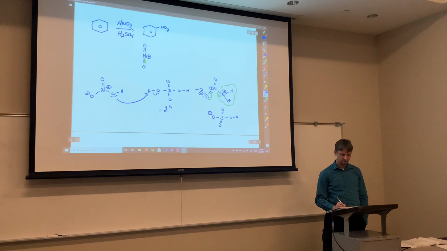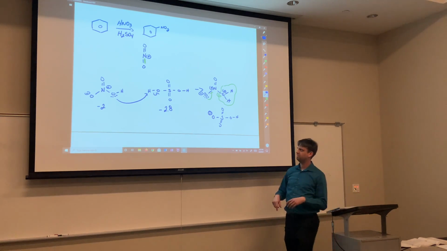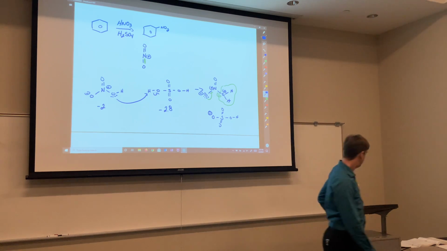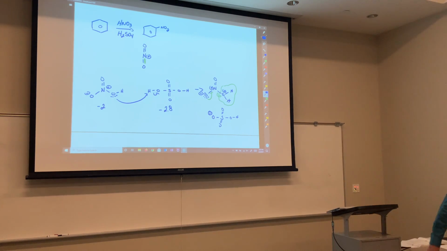This is -2. This is -2.8. Okay, I thought they'd be lower than that. Maybe I was thinking of the wrong numbers. Are you sure about those? Sulfuric acid's -3 and nitric acid's -1.5. Now we're getting numbers all over the place. This is weird.